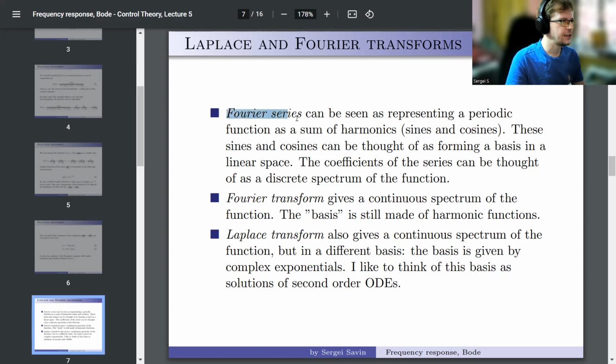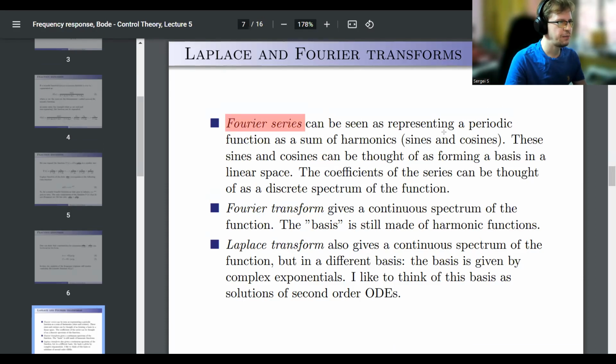All right. So remember, last lecture, I was talking a little bit about the relations between different transforms: Fourier series, Fourier transform, Laplace transform. So remember what we were saying. Fourier series represents a periodic function as a sum of harmonics, sines and cosines. Okay?